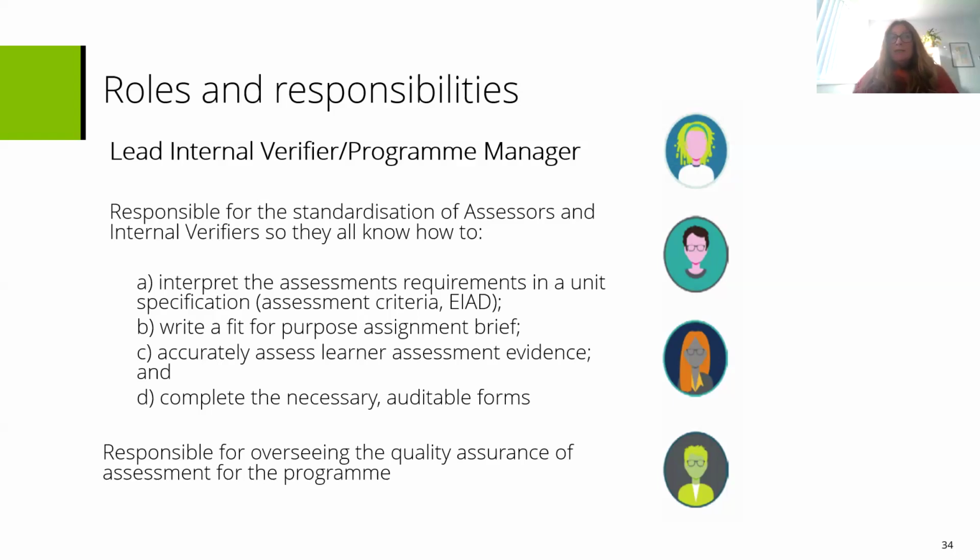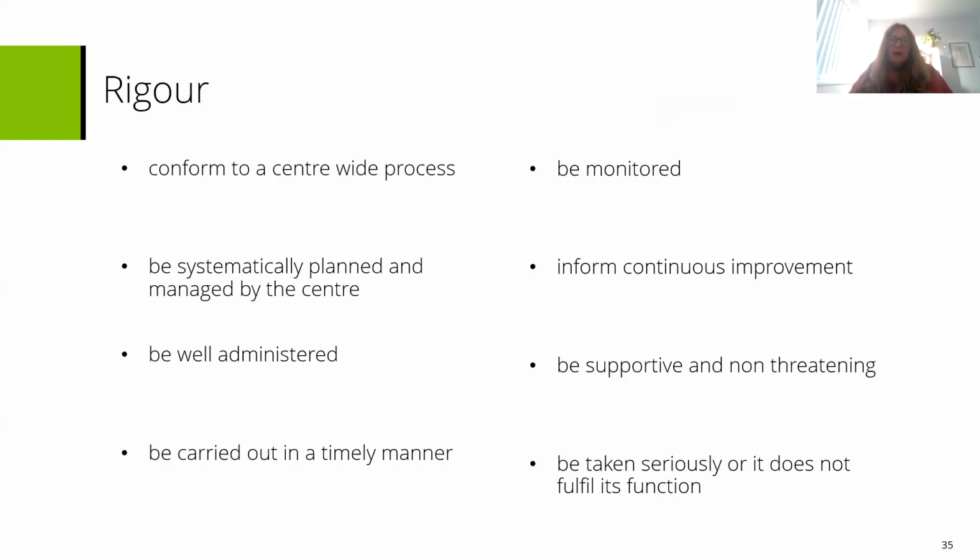So again, a lead IV or a programme manager can also be an assessor and an IV. So people can hold those multiple roles. Remember, it's a centre-wide, course process.